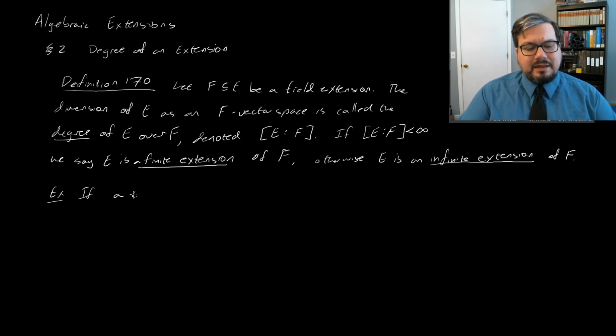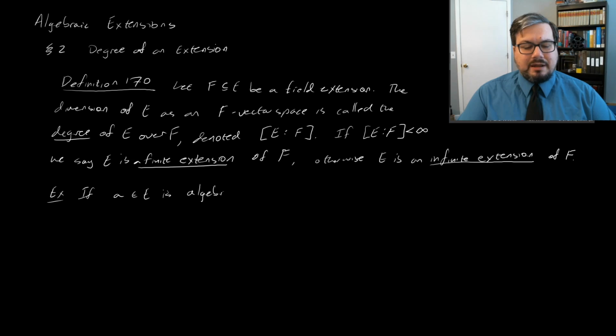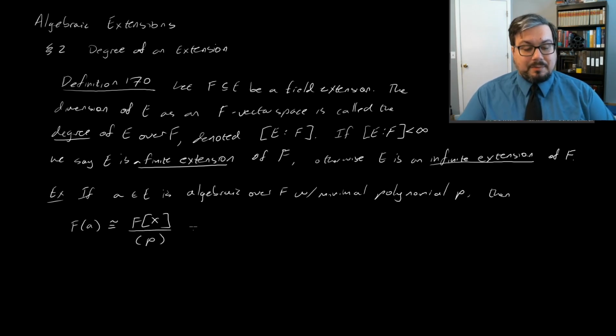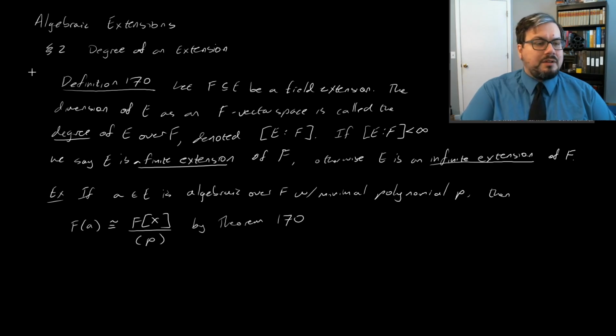So if a in some extension E is algebraic over F with minimal polynomial p, then we have that the field F(a) is isomorphic to the field F[x] mod the ideal generated by p, by Theorem 170. Oh, I called this definition 170.